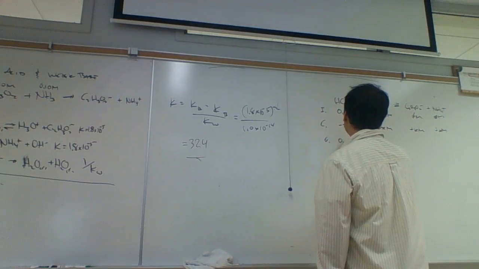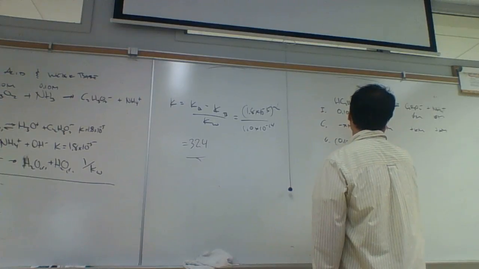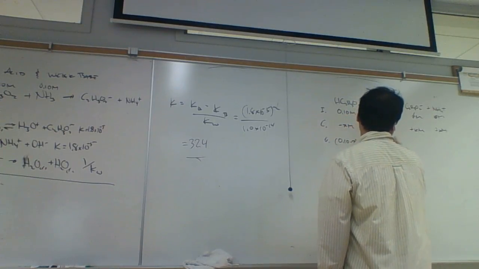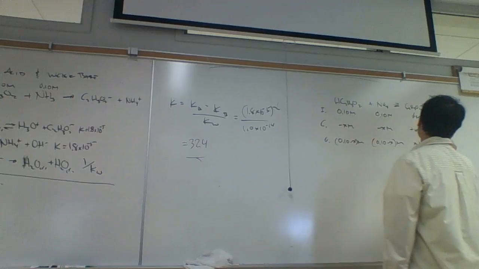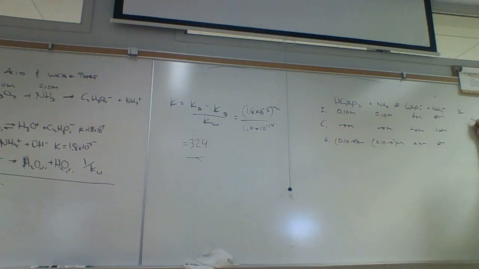This is going to be 0.10 minus X molar, 0.10 minus X molar, and X molar. And so we'll just go to K here. K is going to equal the acetate times the ammonium divided by the acetic acid and the ammonia.